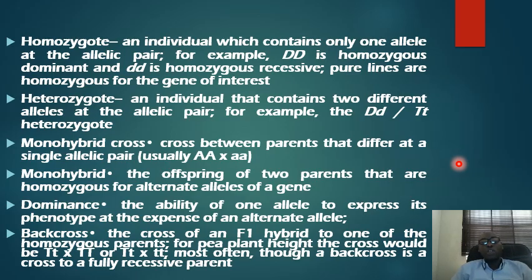Dominance refers to the ability of one allele to express itself at the expense of the alternate allele. That means this phenotype shows in the first filial generation, while the alternate allele is masked and appears in the second filial generation. And that allele, of course, is the recessive.